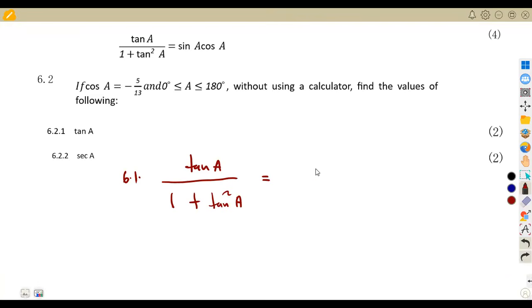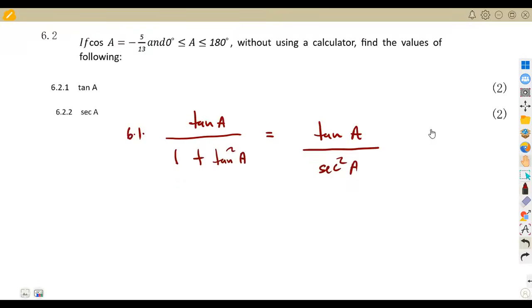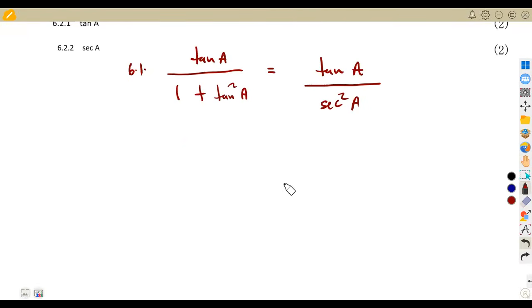So meaning to say we are going to be left with tan A over sec squared A. This is an identity that we are just taking from your formula sheet. Then considering the tan and the sec, we are dividing here. And we understand that tan is equal to sine over cos.